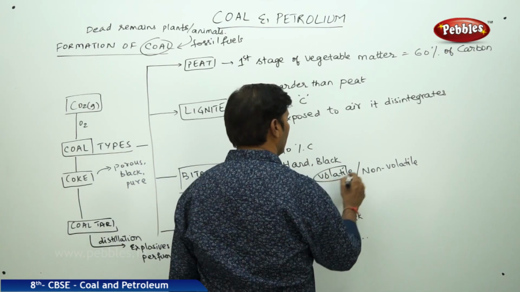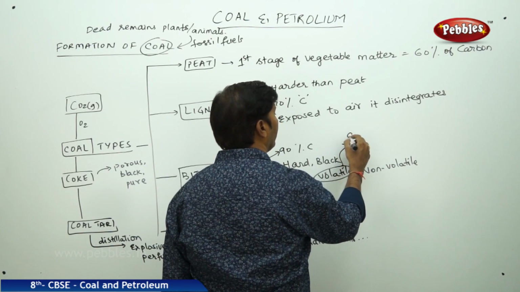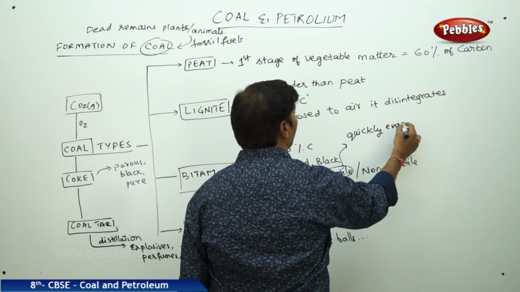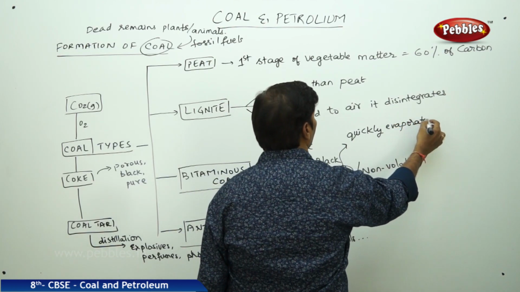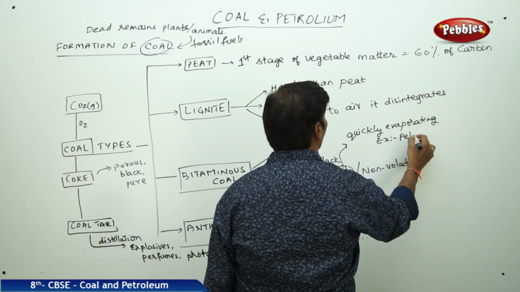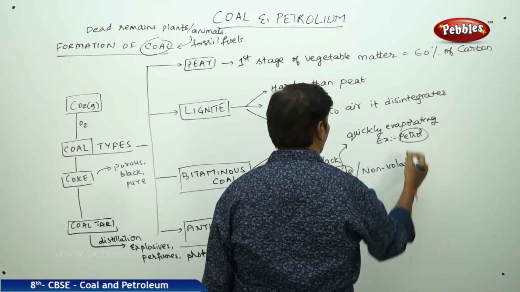What do you mean by volatile nature? That is quickly evaporating. Example, if you take petrol, a liquid fuel, it quickly evaporates.